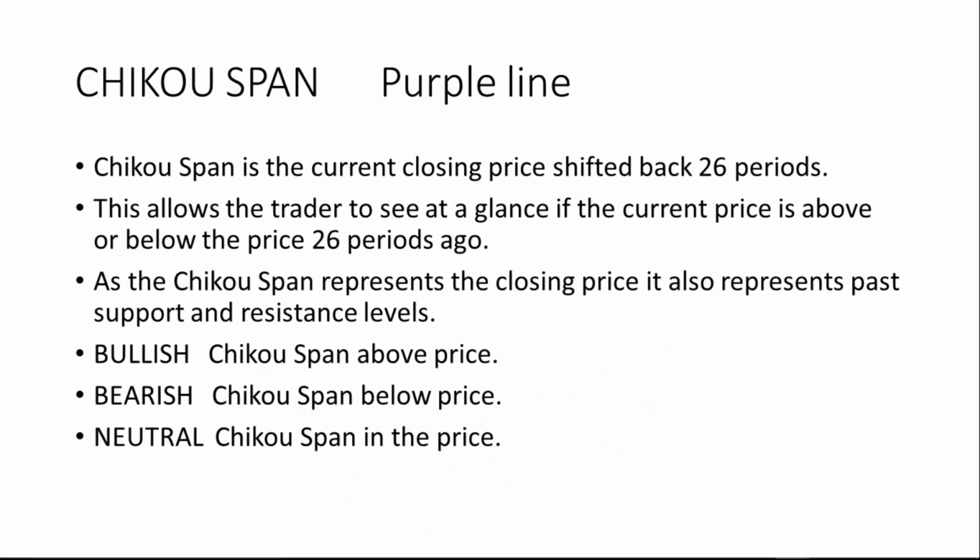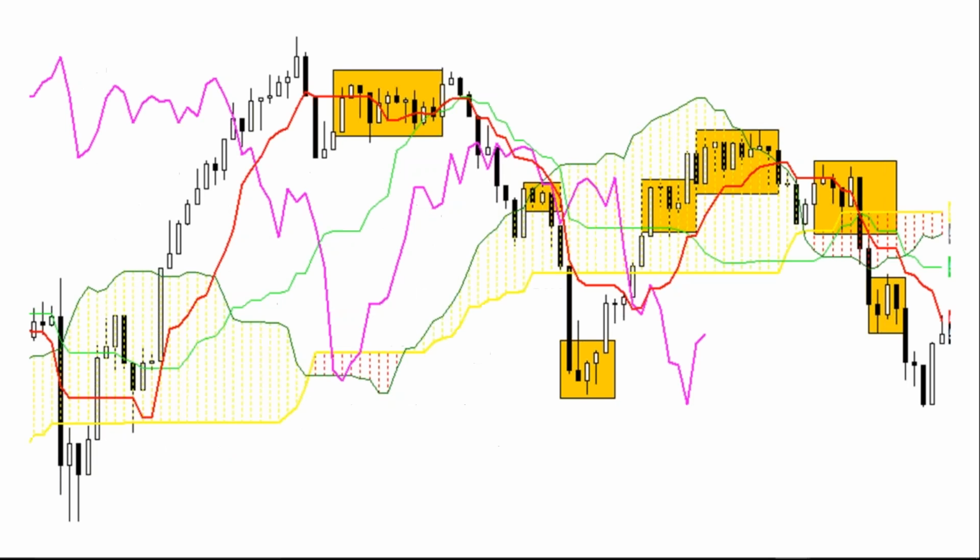It allows the trader to see at a glance if the current price is above or below the price 26 periods ago. The Chikou span represents the closing price. It also represents past support and resistance levels, and we'll take a look at this. So a bullish Chikou span is above the price, a bearish Chikou span is below the price, and a neutral Chikou span is in the price.